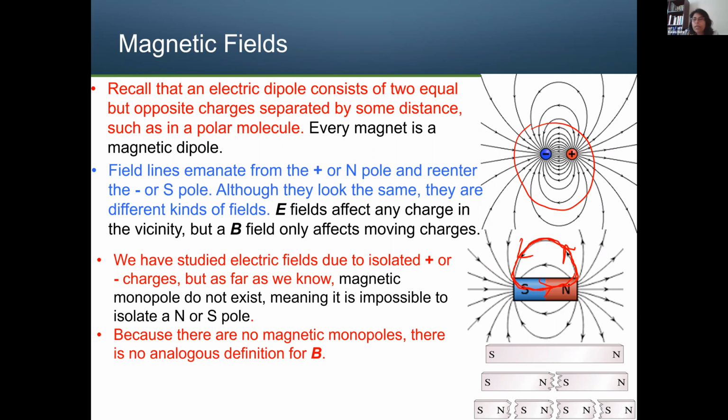In addition to that, magnets always stay with north and south. That means magnets cannot exist as a monopole. You remember that in electricity, we can keep the positive charge separate from the negative charge, and the positive charge will create electric field lines outwards while the negative charge creates them inwards.